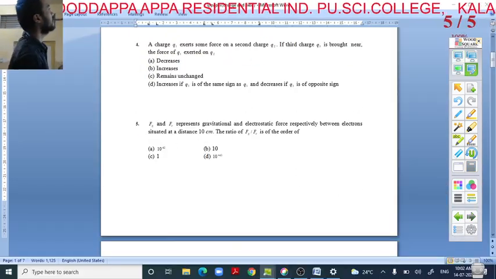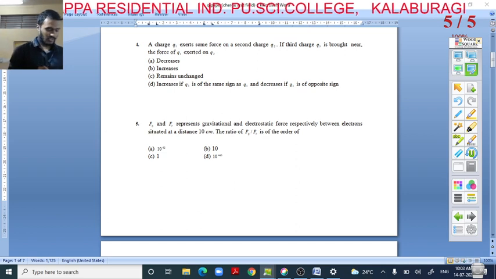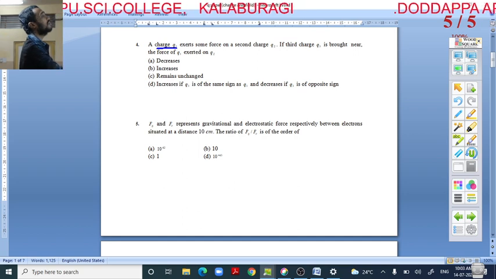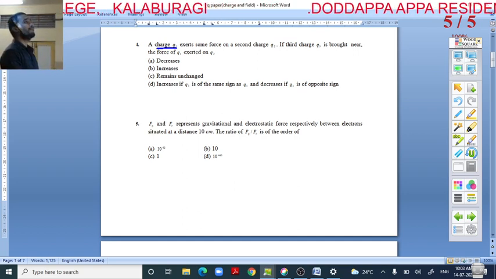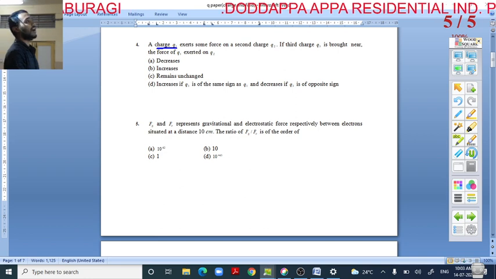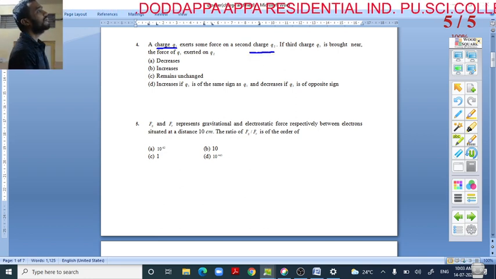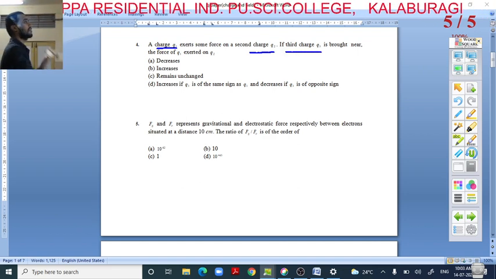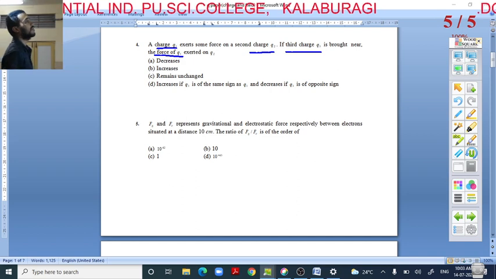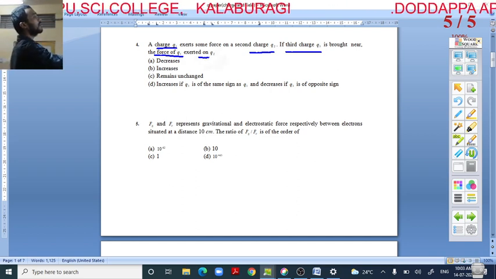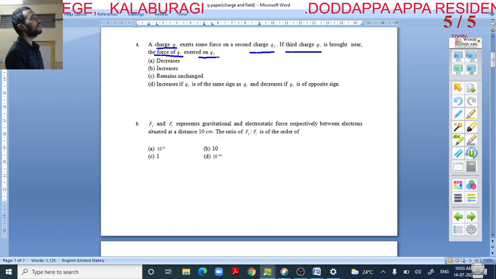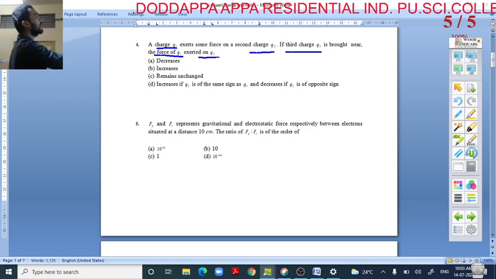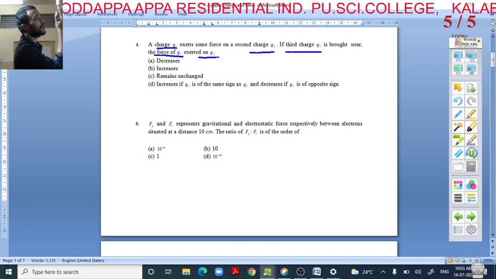Next, fourth question. The charge Q1 exerts some force on a second charge Q2. If a third charge Q3 is brought near, the force Q1 exerted on Q2. Once more I will repeat the question. A charge Q1 exerts force on a second charge.